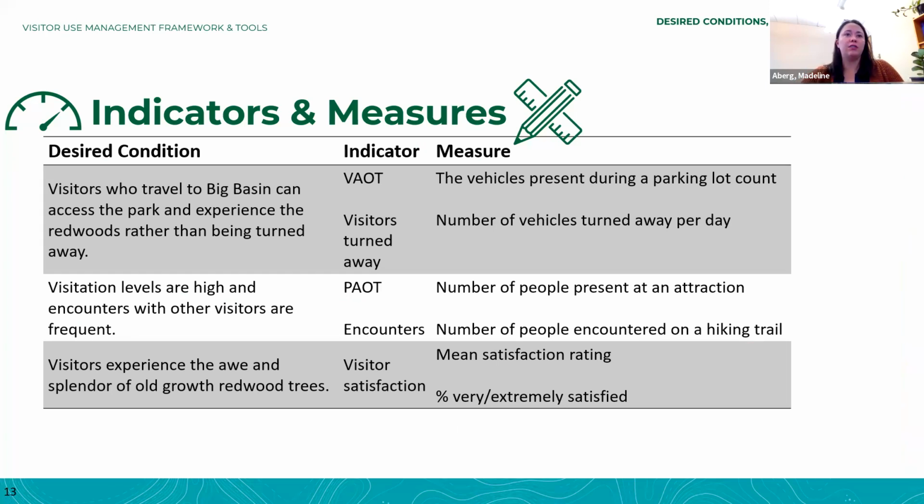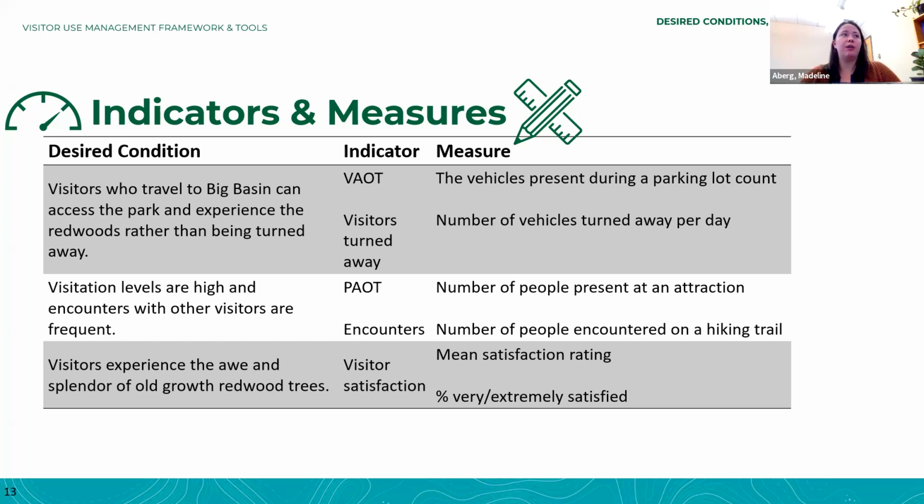So if we look at this first desired condition about being able to access the park and not being turned away, you can see that we have 2 indicators listed. The first is vehicles at one time, or VAOT, and this could be measured as the vehicles present during a parking lot count. The second indicator is visitors turned away, with the measure of the number of vehicles turned away per day.